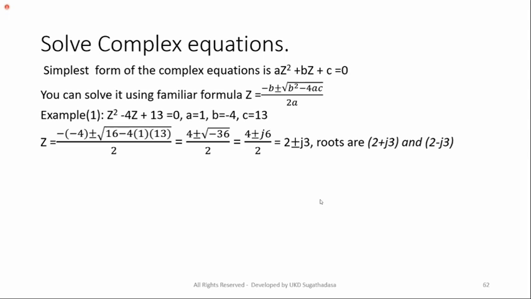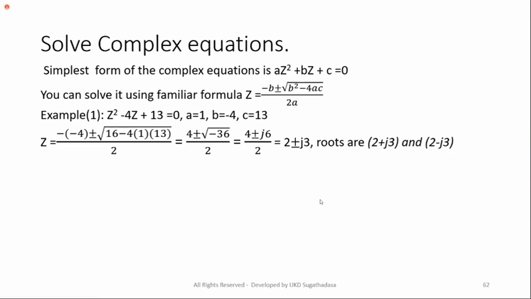Or you can actually approach it the other way also: when the roots are given, how to get the equation. Remember, we have done an example. Suppose the roots are given, how to get this equation? First equation: z squared minus 4z plus 13. First, add these two complex numbers. That is 4, no?